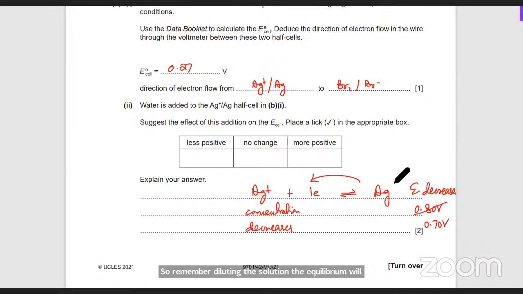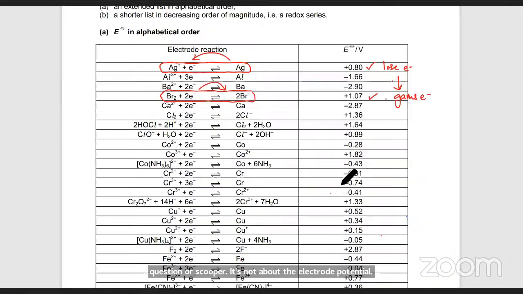But the question is not about the electrode potential, it is about the E cell. So what you have to answer is, this is 0.8, this is 1.07. But now if you add water to it, it's not going to be 0.8, it's going to be something less than that, let's say 0.70. What happens to the potential difference of the E cell now? 1.07, 0.7, so the difference has increased.